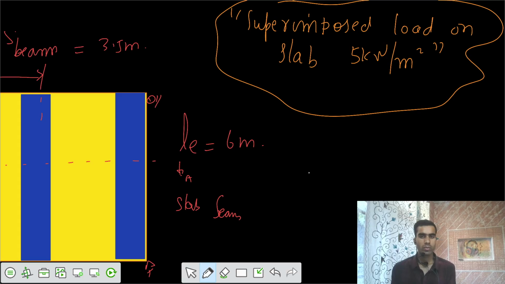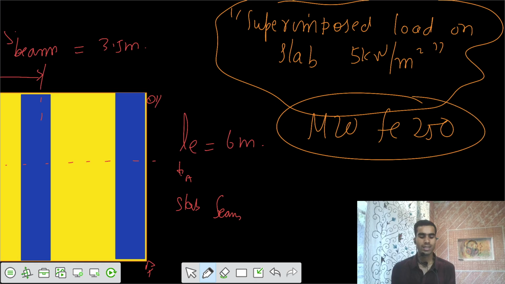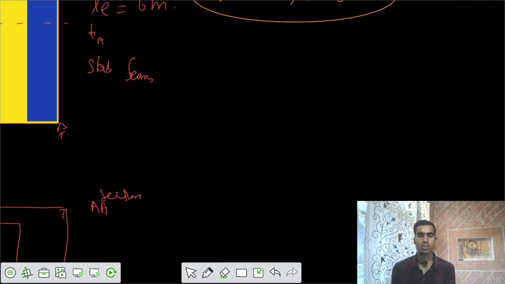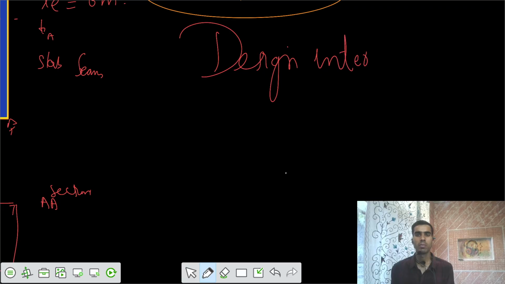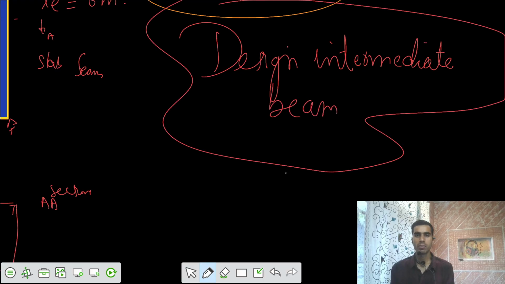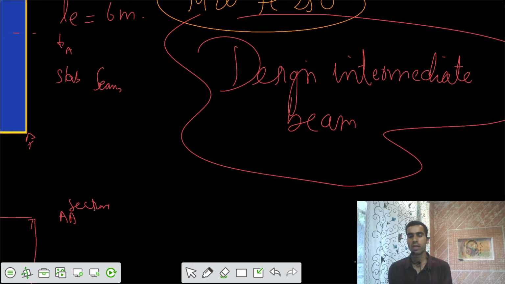So for M20 Fe 250, we need to design an intermediate beam. We need to design one of the intermediate beams that would be treated as a flange beam.